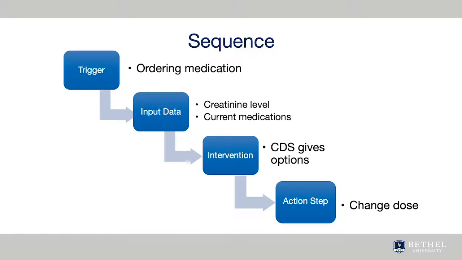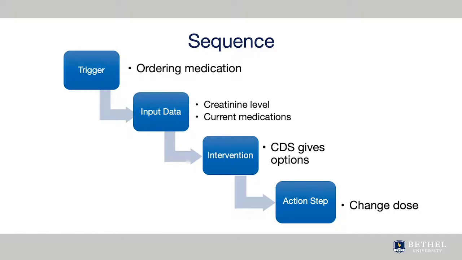In this case, the algorithm instructs the system to look at the creatinine results, other medications for the patients, and the patient's age. The interventions are the possible actions that would be suggested to the provider given the type and dose of medication she entered and the patient's data.